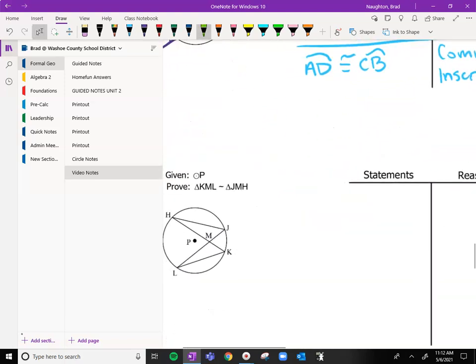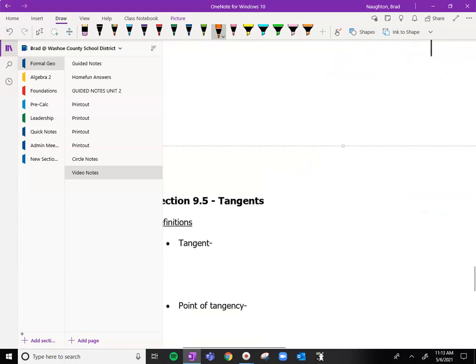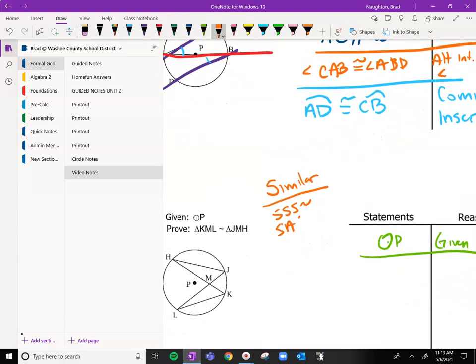All right, so our next one, we are starting with just given that I have circle P, that's it. And we're going to use some similar ideas. But in this case, we're proving similar. For similar, remember we only have a couple of options. It was side, side, side proportionality, and since I see no numbers, I'm going to have to skip that. Then there was SAS proportionality.